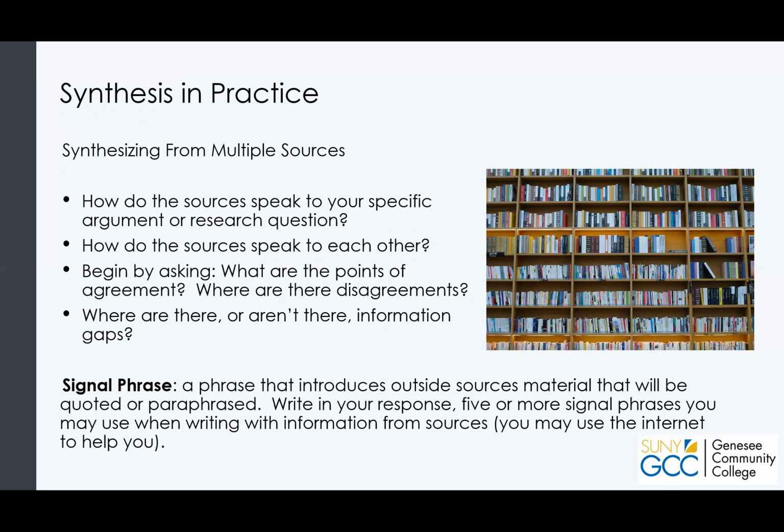So this is going to be the final piece of your practice questions. For number 5, you're going to write 5 or more signal phrases that you could use in any writing when including information from sources. And you may use the internet to help you come up with these signal phrases. Pause the video and take care of that now.